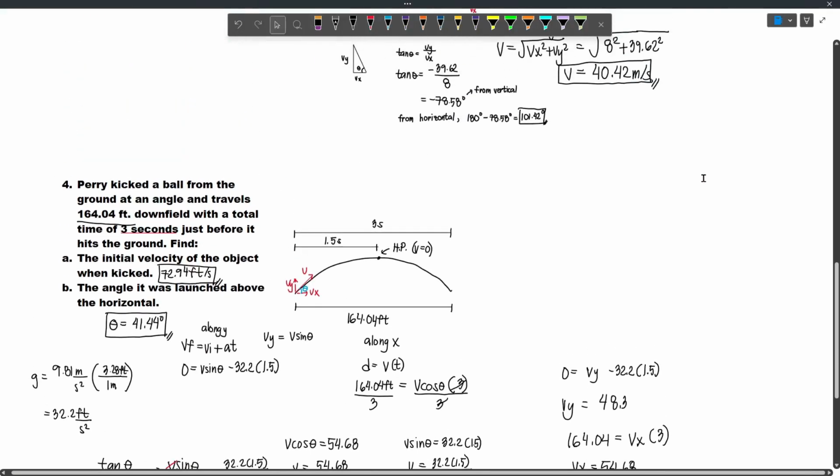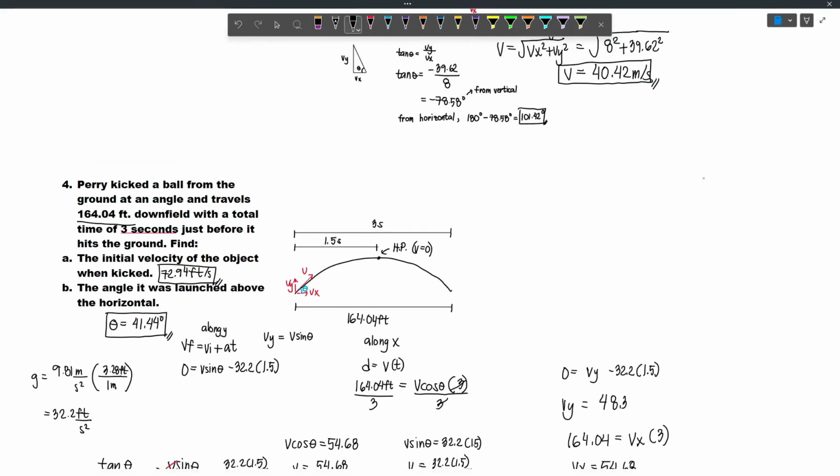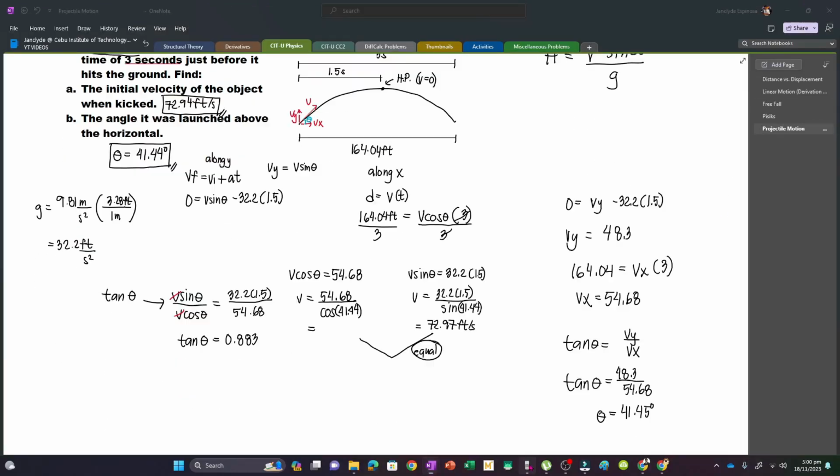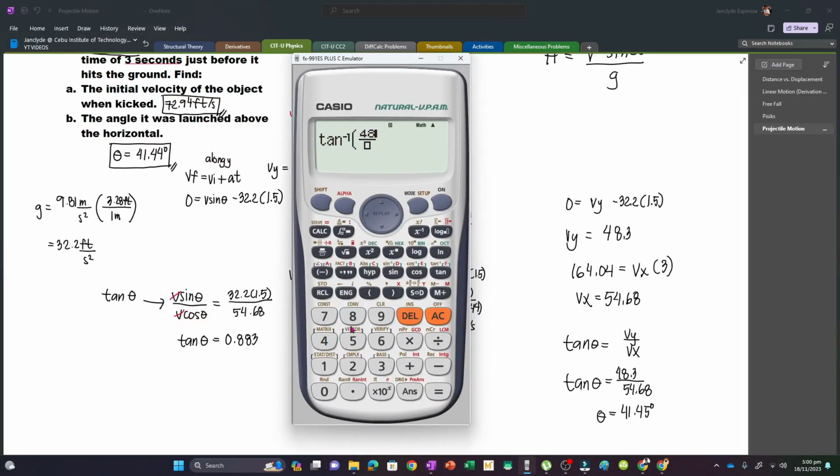Now, in order to check our answers, let's apply the formula H is equal to V squared sin 2 theta divided by G, but using the exact values only. This theta should be 41.45484115.